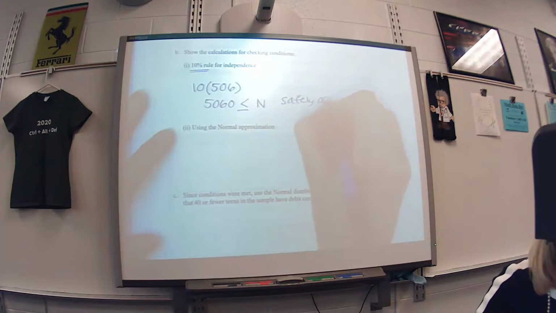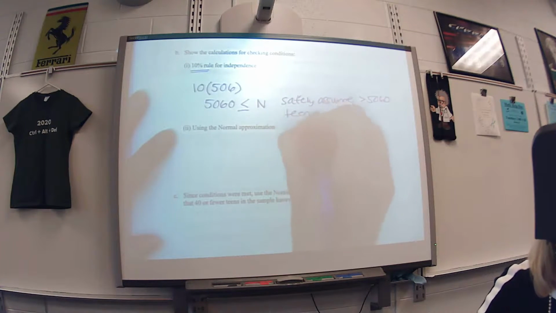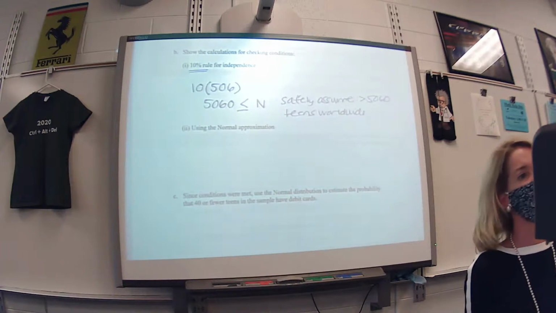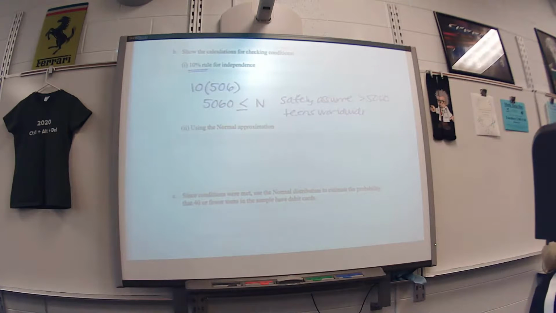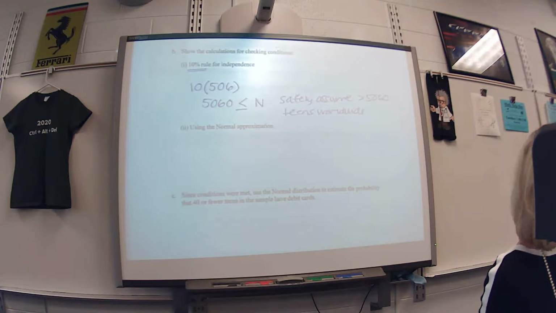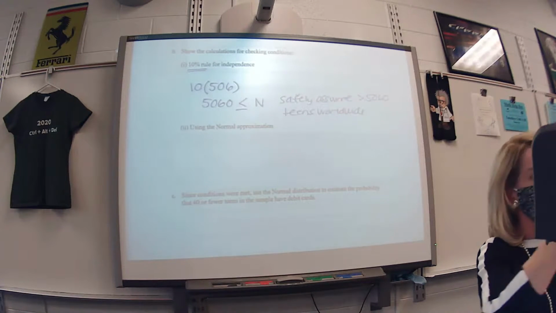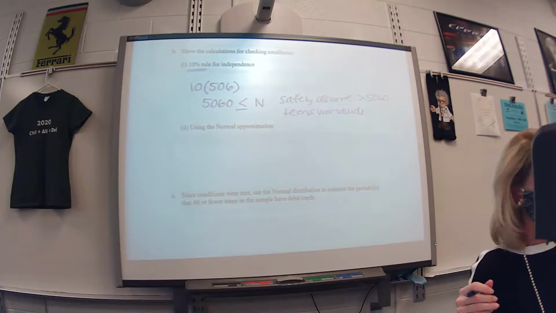So even if you think the independence rule was violated when you check your bins, you just got past it because you satisfy the 10% condition, just like the Danica Patrick thing. Every time you pick a teenager, you might be changing the probability, but it doesn't matter.